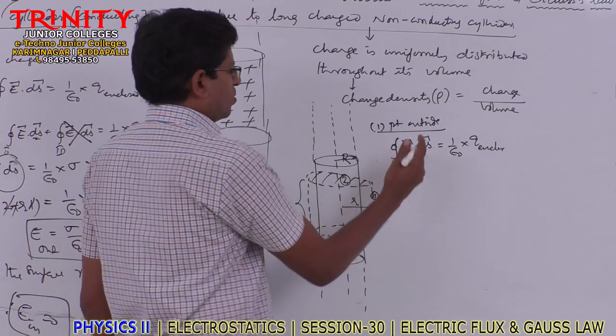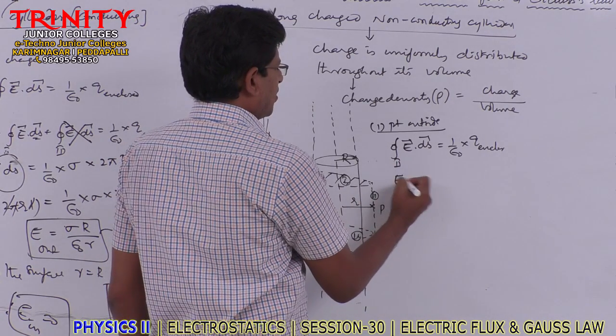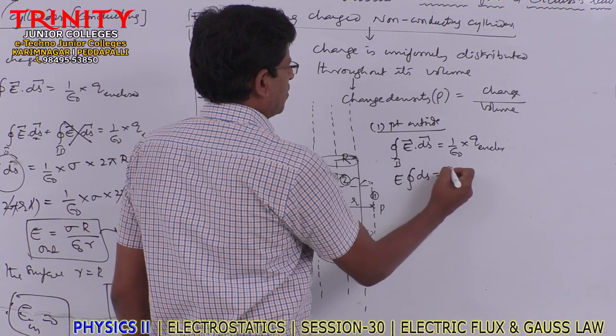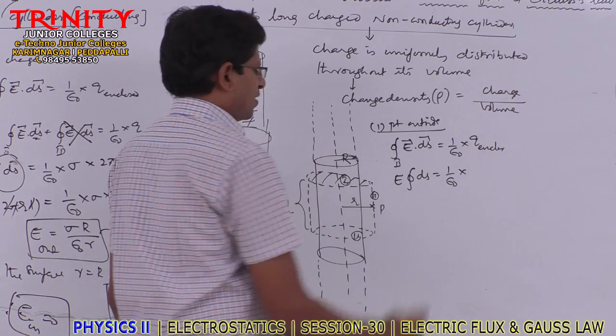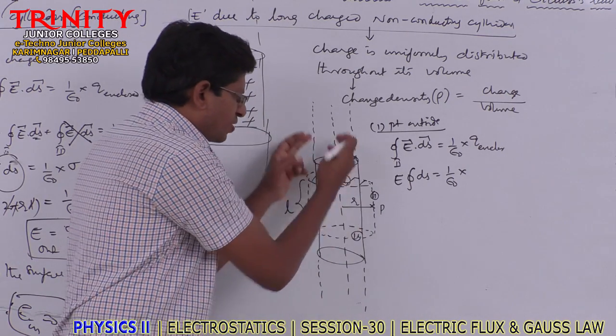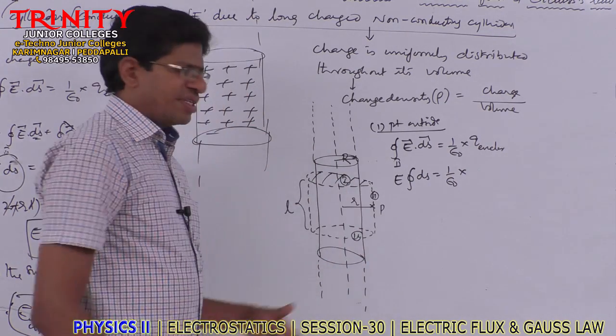So E ds cos 0, then E can be taken out of the integration of ds, equals 1 by epsilon naught times the charge enclosed. How can we write the charge enclosed? Whatever charge is on the cylindrical body inside this is the charge enclosed.